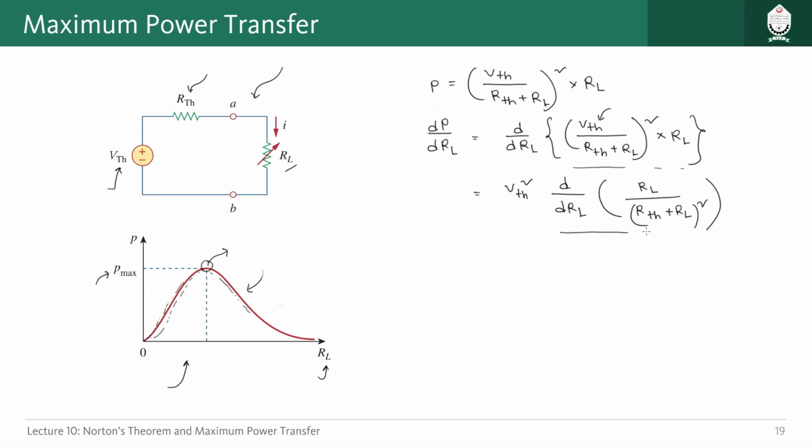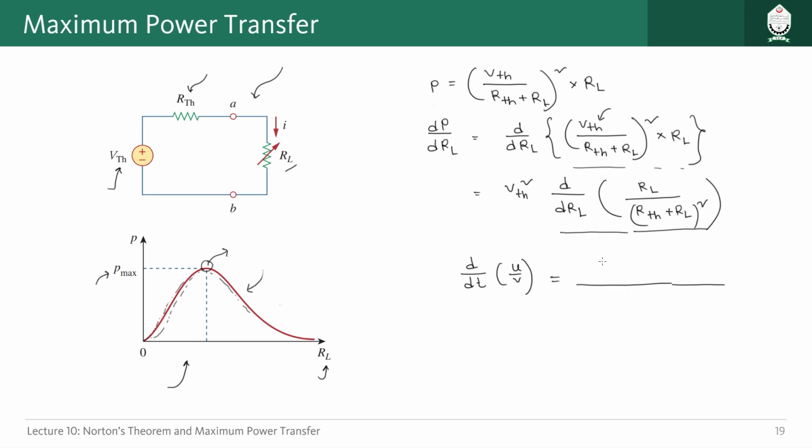So this particular derivative is taking the form of U divided by V. So how to solve that? If we have the derivative of U divided by V, we had to do something like this.